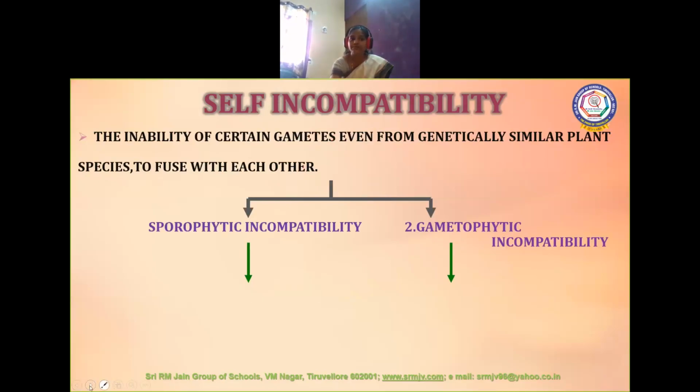It is of two types: sporophytic incompatibility and gametophytic incompatibility. If the problem is with the female tissues, we call it sporophytic incompatibility. If the problem is with the genes of the pollen grain, we call it gametophytic incompatibility.